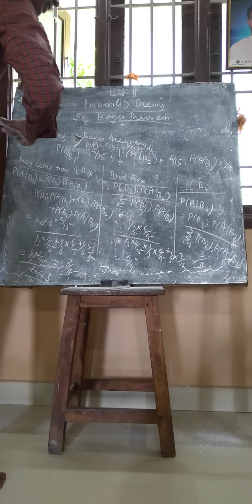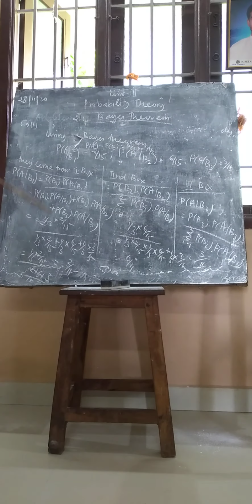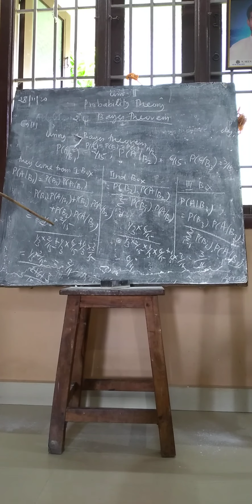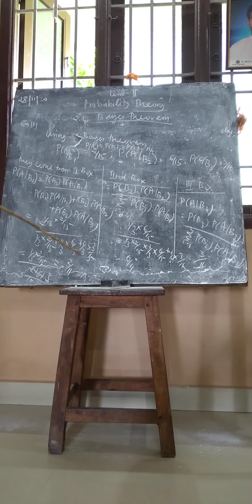So probability of B1 into probability of A given B1, as numerator, by the denominator, probability of B1 into probability of A given B1 plus probability of B2 into probability of A given B2 plus probability of B3 into probability of A given B3. You substitute, and you get 2 by 11.